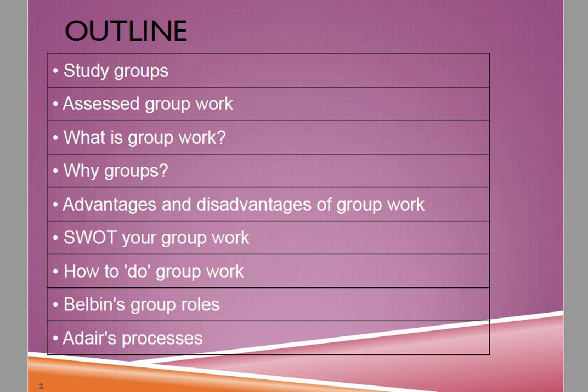Okay, then this is our outline for the chapter. We have study groups, assessed group work, what is group work and why groups, advantages and disadvantages of group work, SWOT your group work, which is a concept that we will talk about later on, how to do group work, group rules, and their processes.